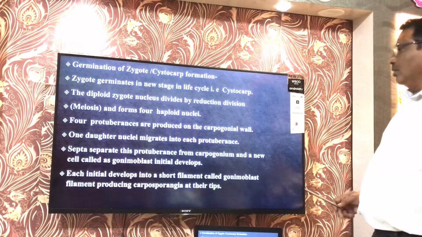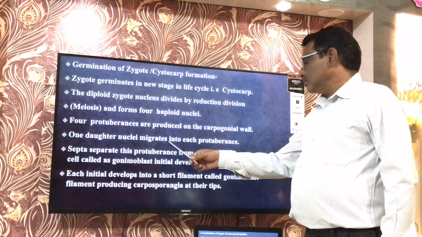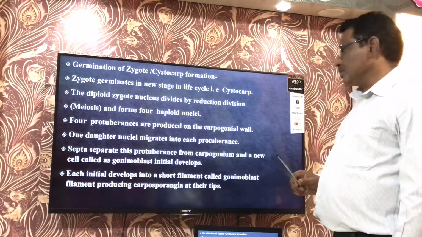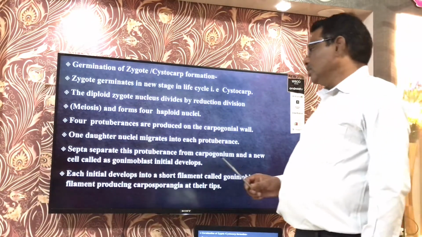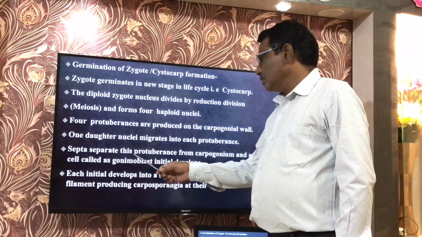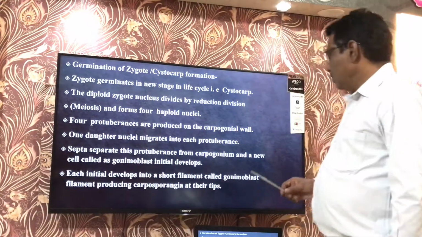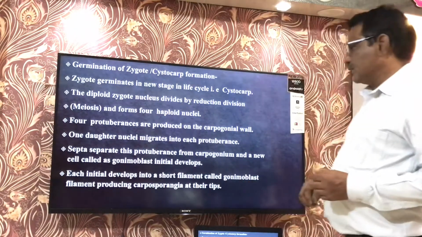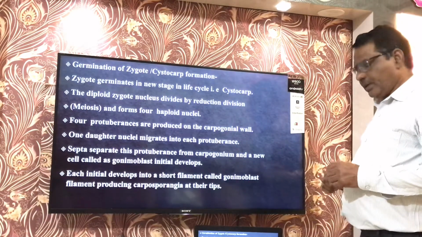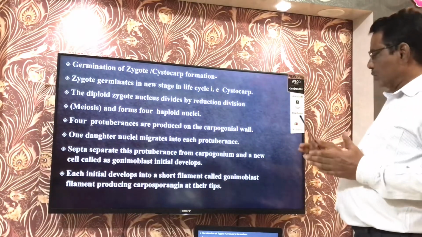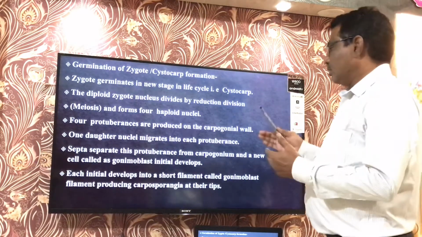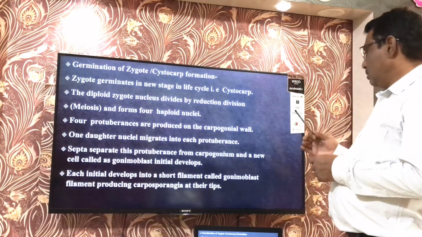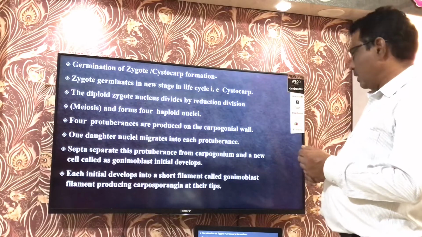So one daughter nucleus migrates into each protuberance, and once this nucleus has entered, septa formation usually takes place and the protuberances or outgrowths are cut off from the wall of the fertilized carpogonium.